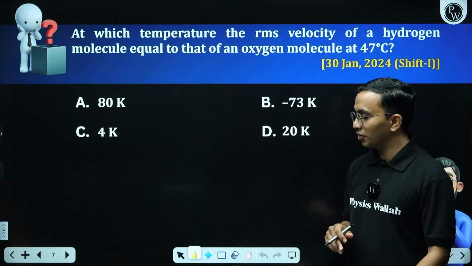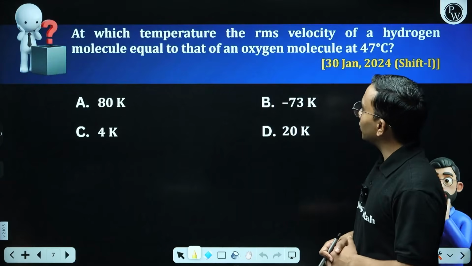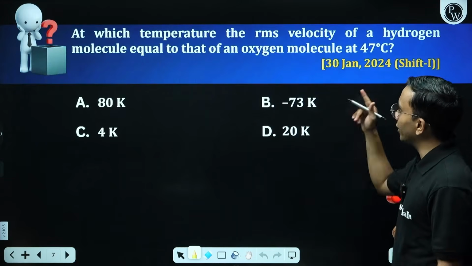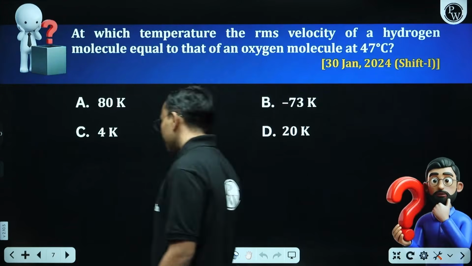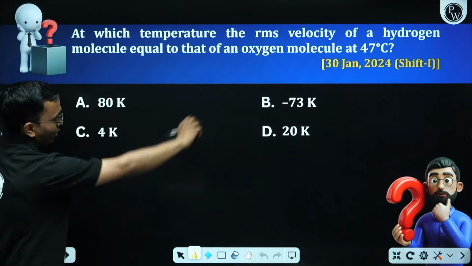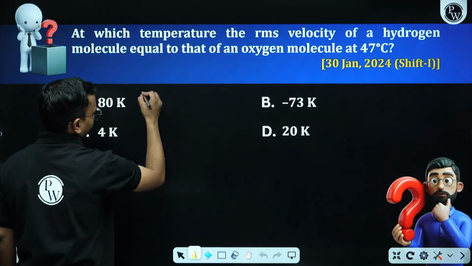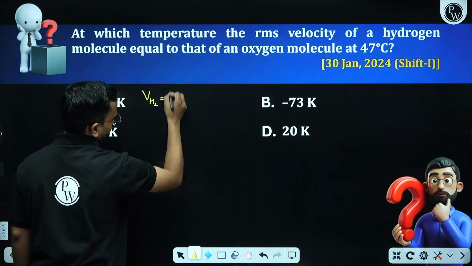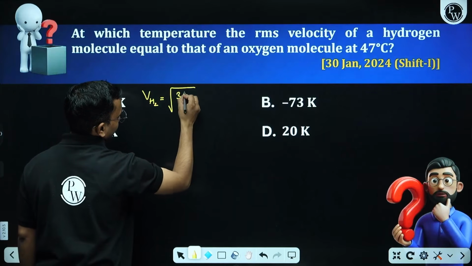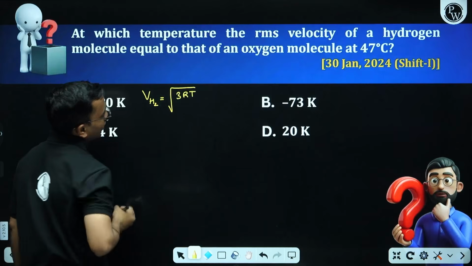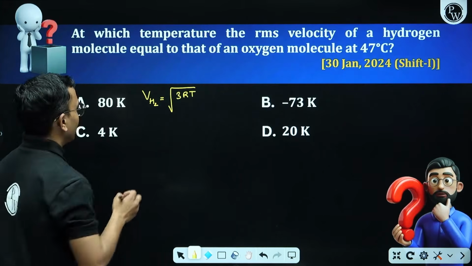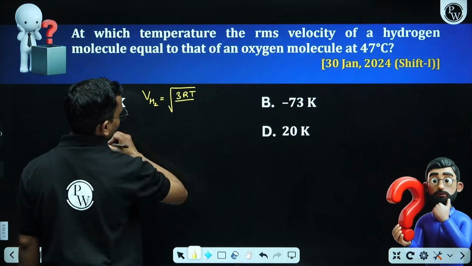And let us discuss a few of the questions. At which temperature is the RMS velocity of a hydrogen molecule equal to that of an oxygen molecule? Velocity of the hydrogen molecule, if I write, root of 3RT, where T is the temperature we need to find, divided by the molar mass of the hydrogen molecule.